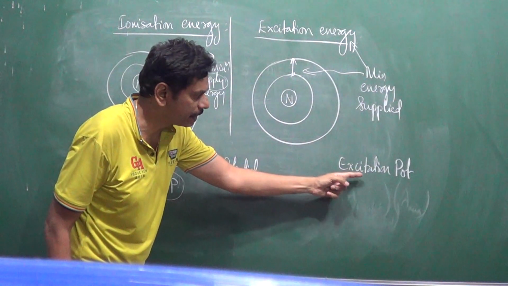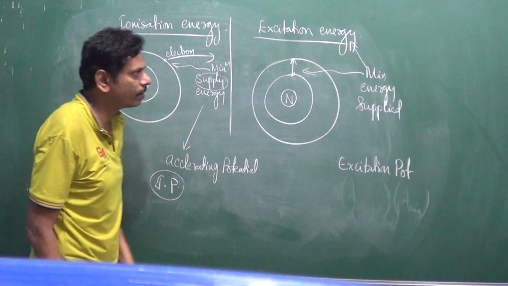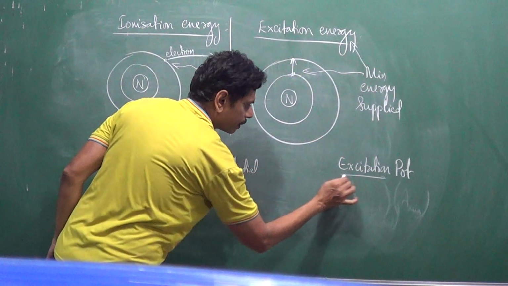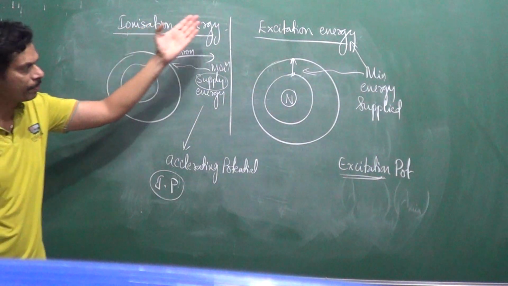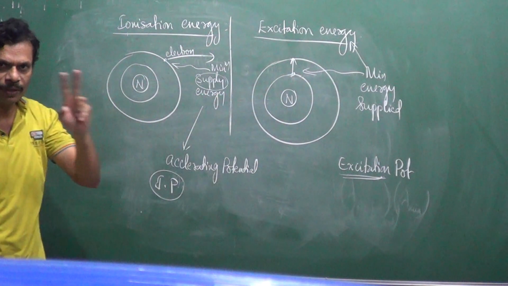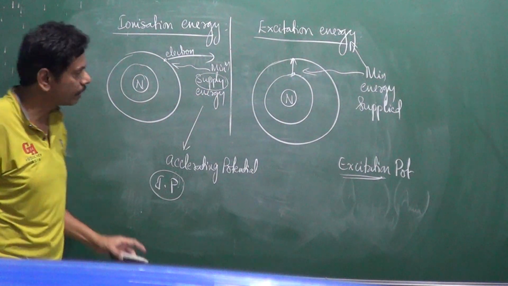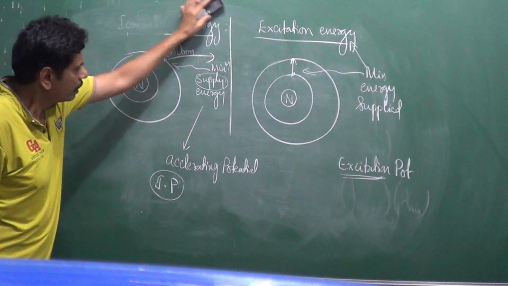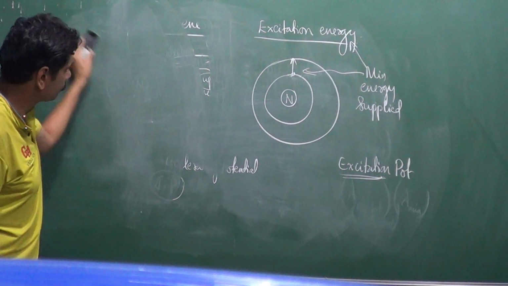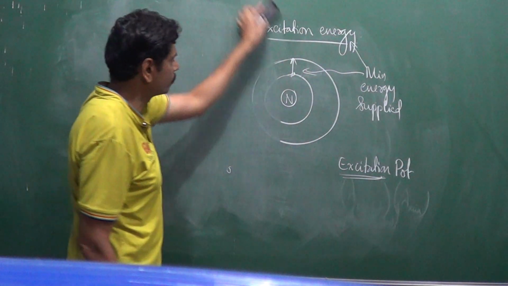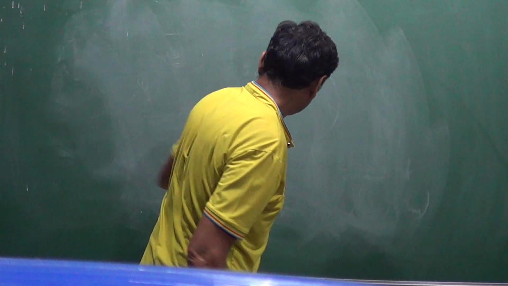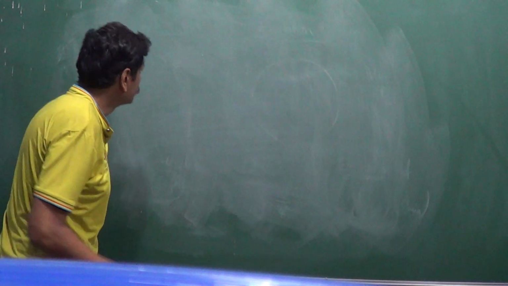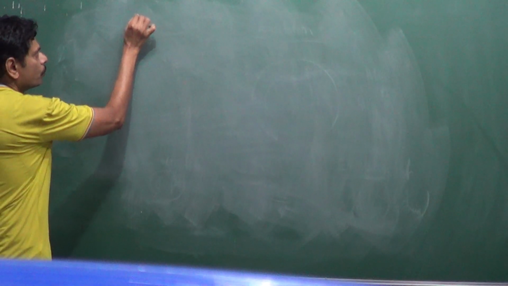That particular minimum potential is called the excitation potential. One more question: define ionization energy and excitation energy. We are asking for 2 marks. Another important concept. Next one, Bohr's theory.